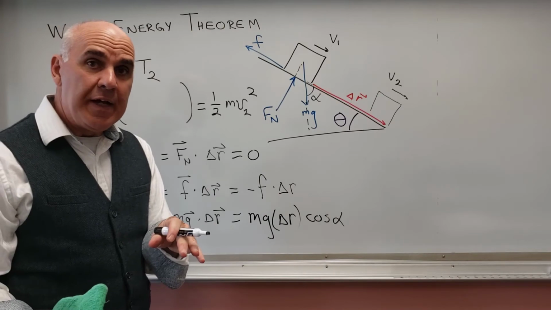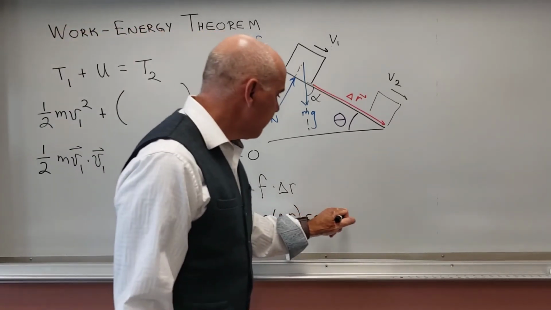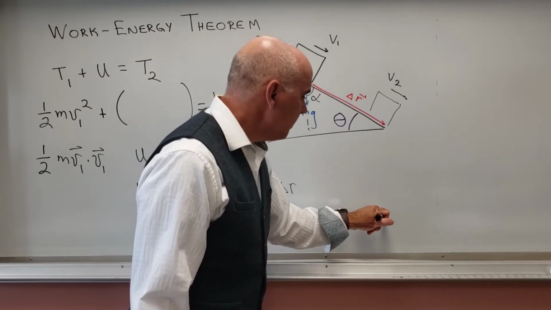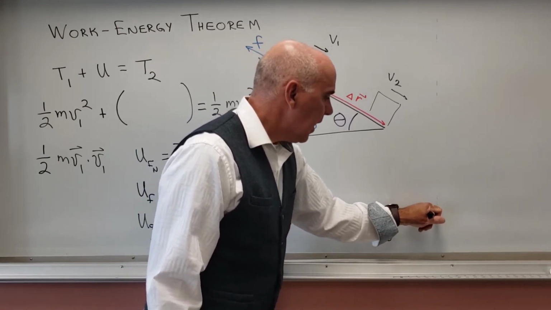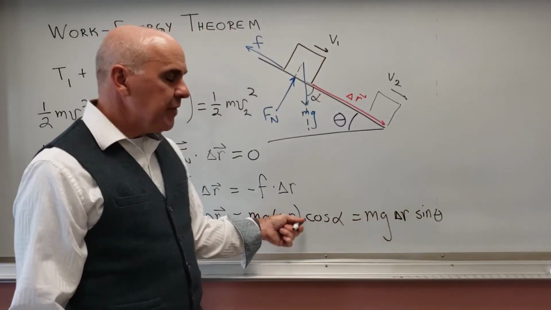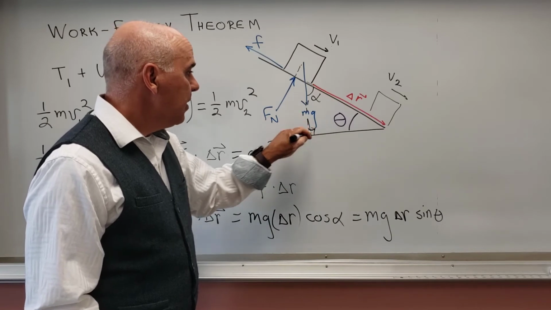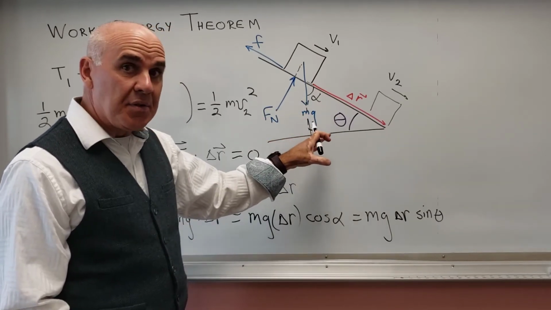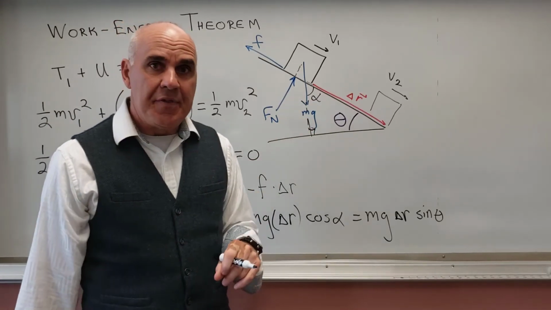The cosine of alpha. But I want this in terms of theta, and so that's going to equal mg delta R sine of theta, because alpha and theta are complementary. In other words, they're the opposite angles of this 90-degree triangle. The cosine of alpha is equal to the sine of theta.